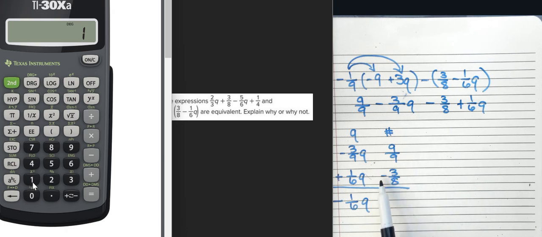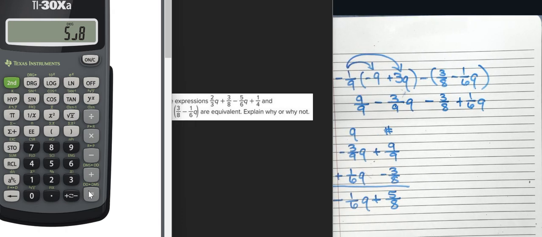So I'm just going to say 1, and that's a positive, right? Should have put a positive right there. All right, so that's a positive 1. And now I'm going to subtract 3/8. So 1 minus 3/8, and I'm left with 5/8. Okay, and that's a positive.